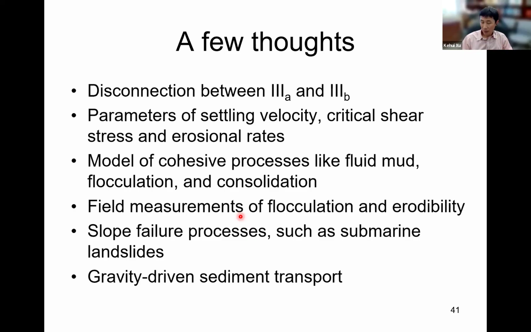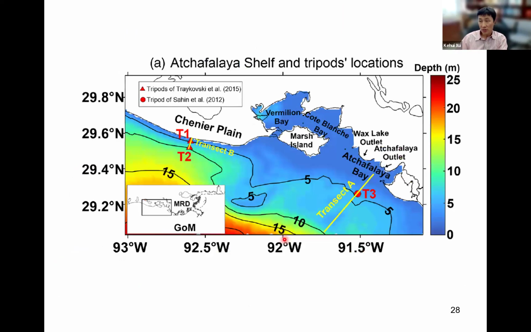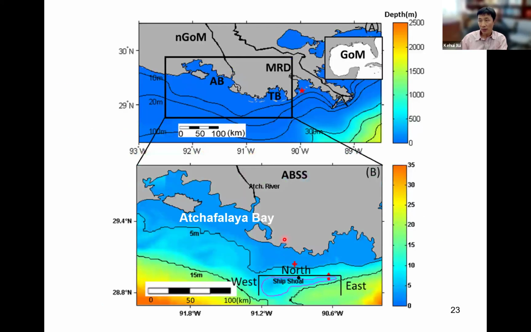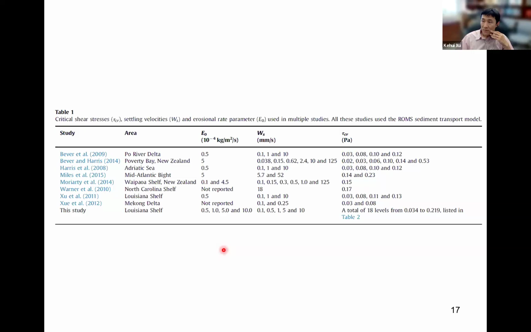Let me go back to the table. So first of all, yes, grain size plays a role. If we deal with non-cohesive sediment, if we know the grain size, it's relatively easy to get the critical shear stress and settling velocity. The mud is complicated.